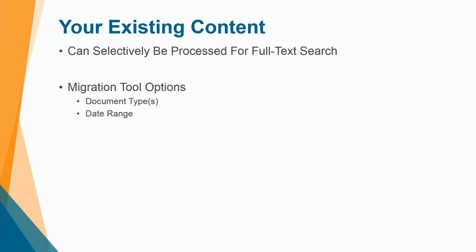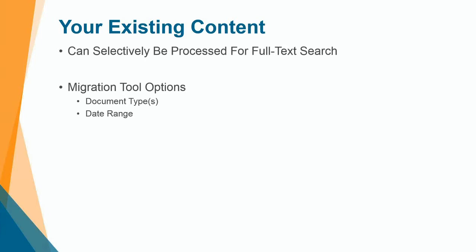So think, if you've been using OnBase for 10 years and you have a lot of content that's already been stored in the system without full text search, it might take a little while to get this into the full text search piece. So we could go through the steps of saying, let's do this document type, maybe by date range, because I don't want this full text search archival piece running during normal daytime hours. I don't want to risk that my users are going to be affected by this.